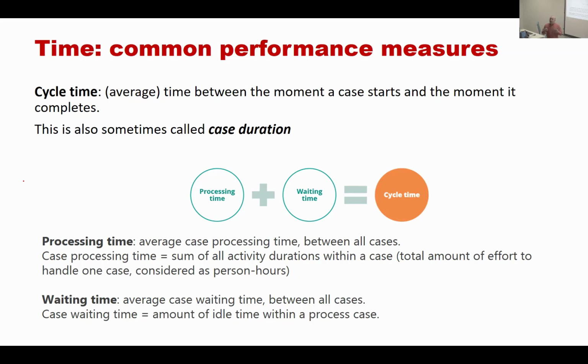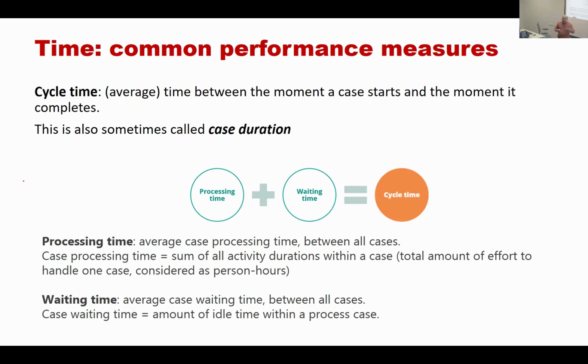Now, we saw a few weeks ago that the cycle time of a process is composed of 2 things. The time that we spend actually doing work and the time that we spend in between 2 activities in the process. So the time that we spend waiting for an activity to start.